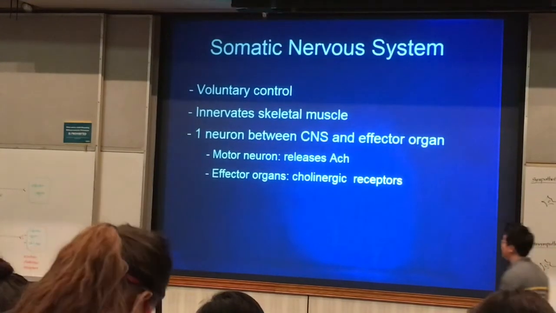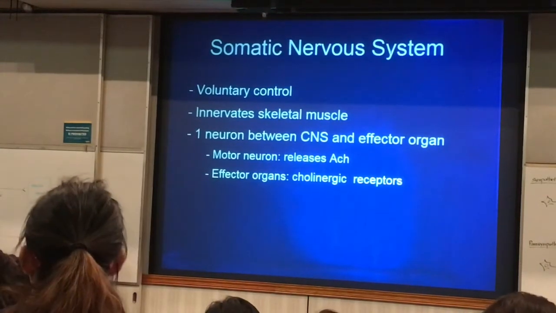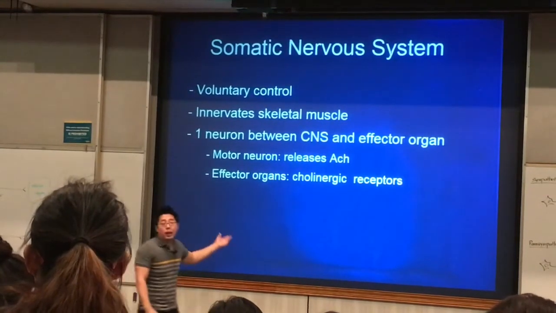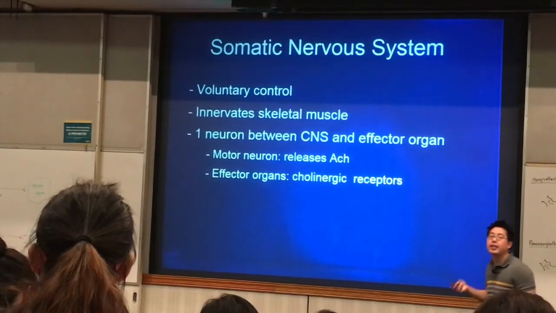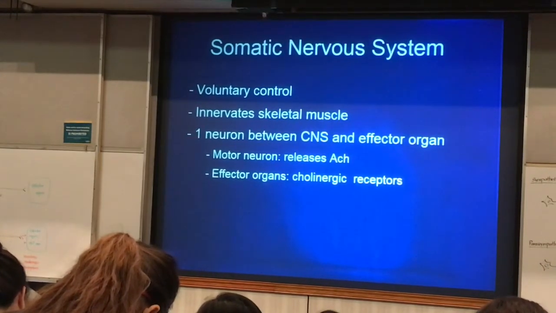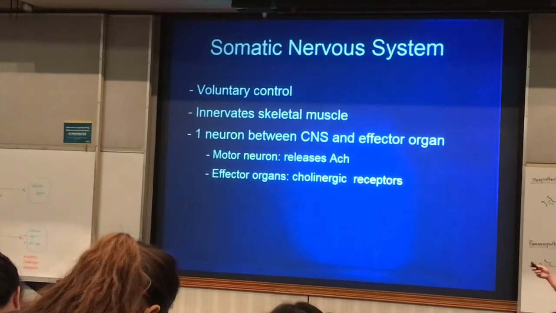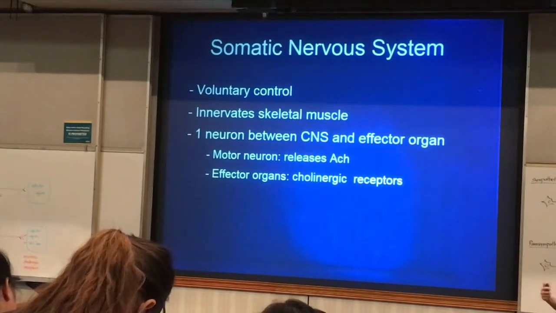Yes, it should be nicotinic cholinergic receptors over here. If you don't write it down, it's not the end of the world, because if you look at the other part of your notes, it says that skeletal muscle is going to have nicotinic cholinergic receptors anyways. I just want to keep it clear. That way you're already starting to know that skeletal muscle has nicotinic cholinergic receptors. Yes?